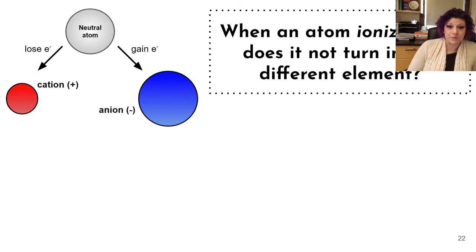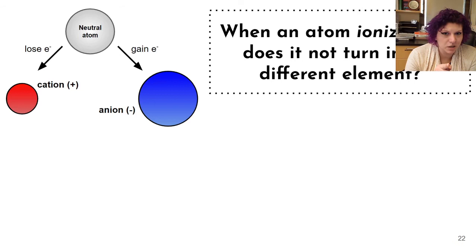But first, I want to ask you a very important question. When an atom ionizes, so when it either loses electrons or gains electrons, why does it not turn into a different element? Why is it that when sodium loses an electron and becomes sodium plus, why does it not turn into another element? I really earnestly want you to ponder this for a second.